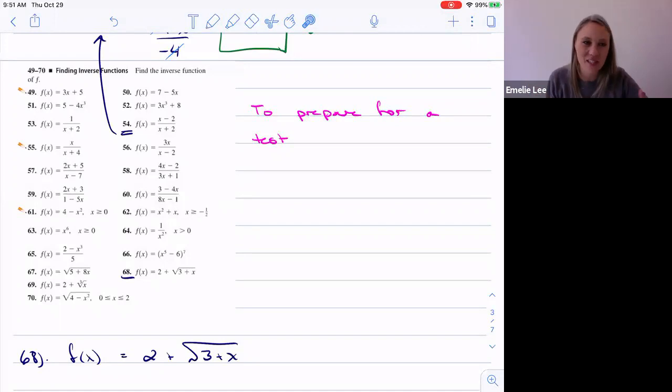So to prepare for a test, that's what I wanted to say here. The assignments are posted on Moodle. The links should be there. Has anyone been able to try them? When I try those links, it says I'm not allowed to go in there because I'm not a student, which is really stupid, so I can't actually test drive them. I haven't checked to see if anyone's been in there yet, but I'll check in with you guys.